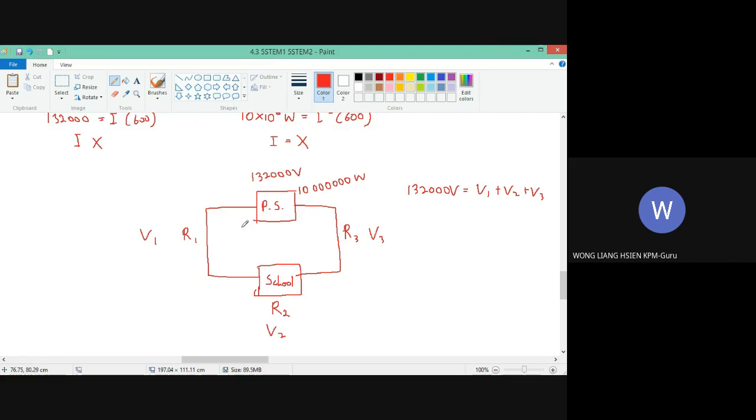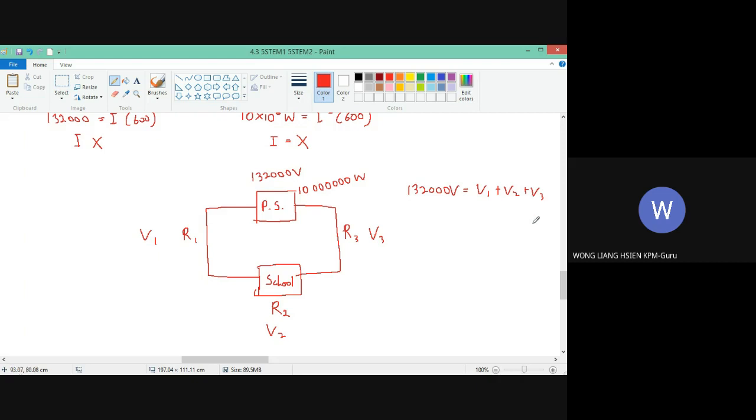Because this 10 megawatt is energy, energy that is produced by the power station, right or not? So some of the energy needs to be used to overcome the resistance in the cable. So some of the 10 megawatt is used to overcome the resistance, and then the rest will go to the spool. Understand or not?